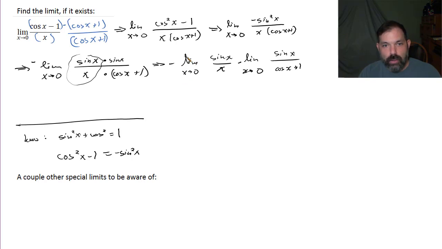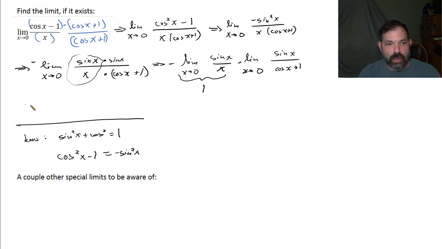All right, now, this limit goes to 0. Sorry, it does not go to 0. It goes to 1. We just proved that in the previous slide. This limit goes to 1. Let's see what happens with the second limit. If x is approaching 0, then the sine of 0 is 0 over cosine of 0 is 1. 1 plus 1 is 2.